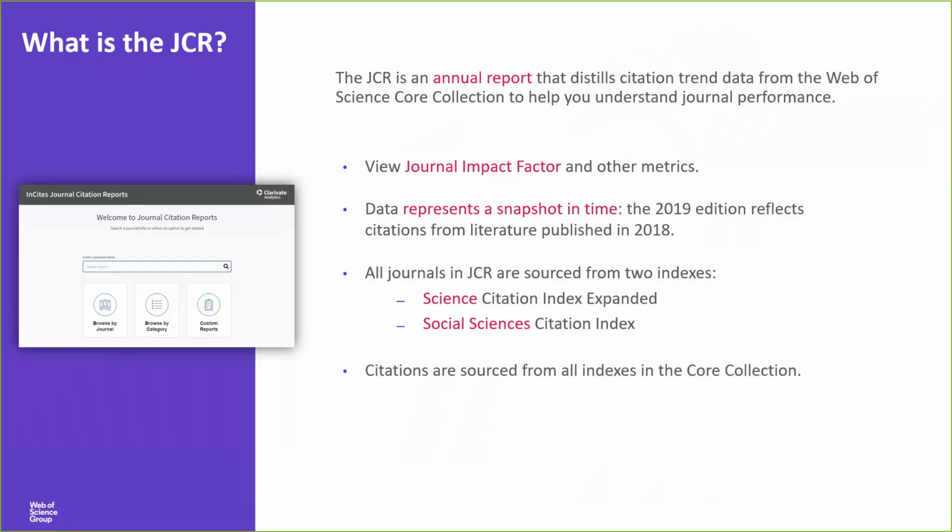Another thing to note about the Journal Citation Reports is that it only covers the Science Citation Index Expanded and the Social Science Citation Index. A lot of times researchers will ask me, but my subject area is in arts and humanities, so where can I find these Q1 journals in arts and humanities?